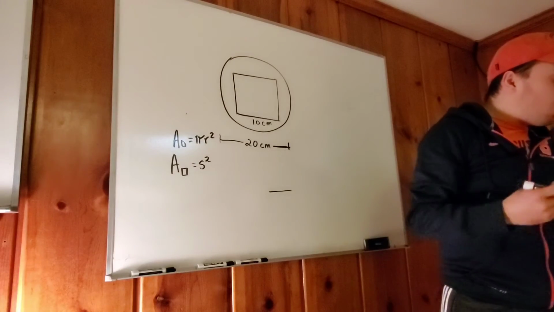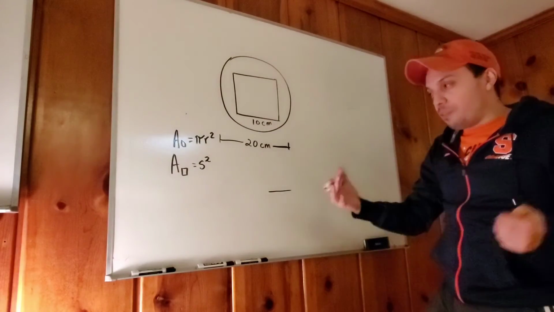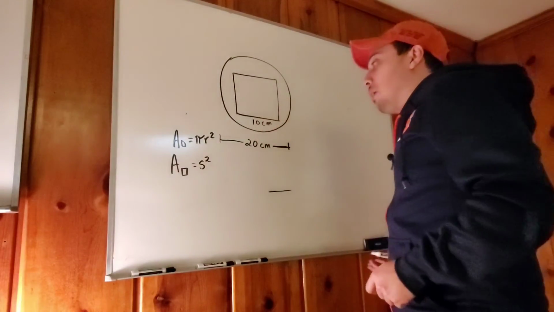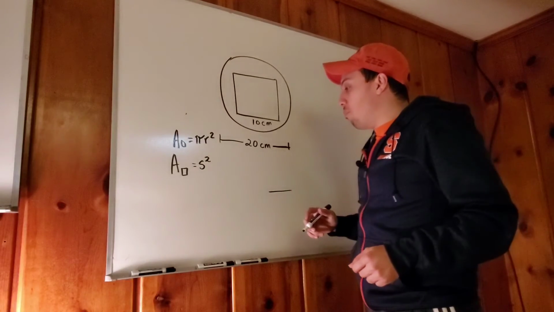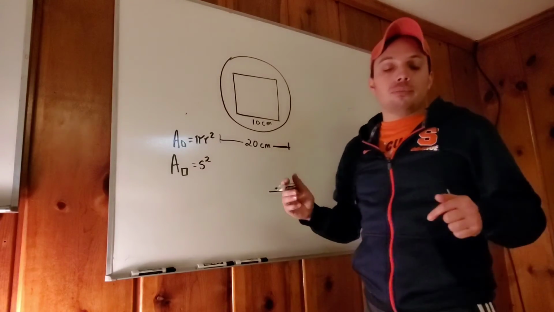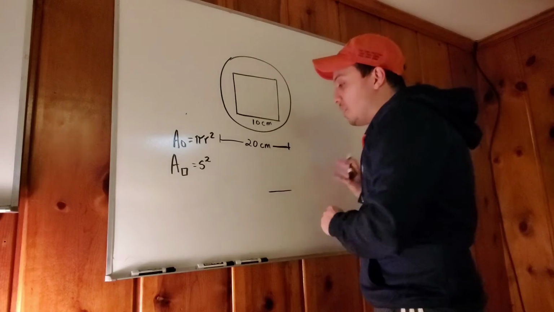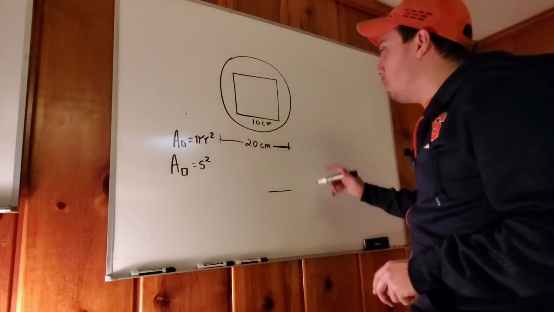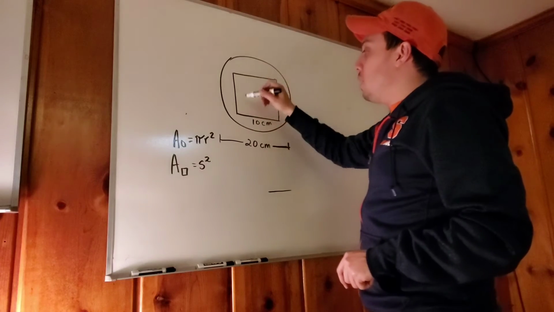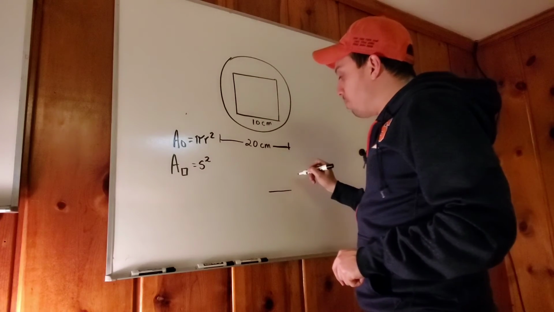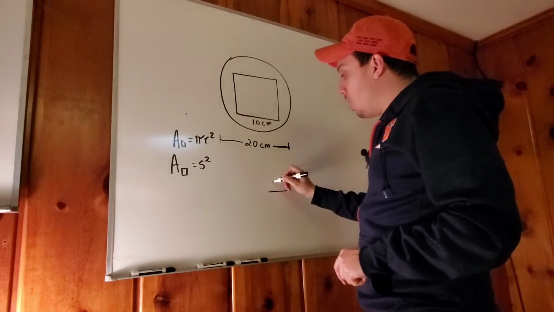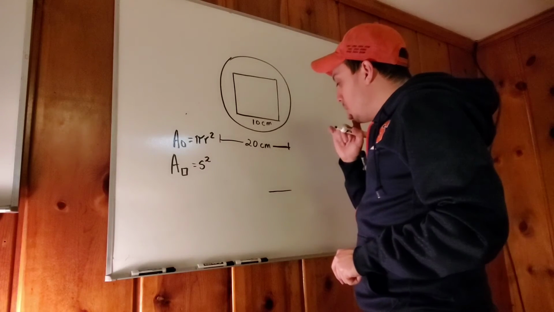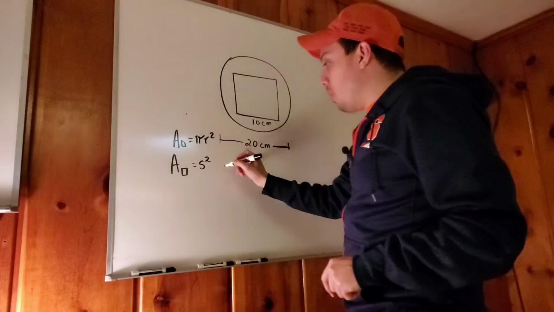I don't want you to try to do anything too fancy at first. Maybe later we're going to find what the radius squared times pi is, but at first, we're going to leave it as simple as possible. So 10 squared is the area of the square.